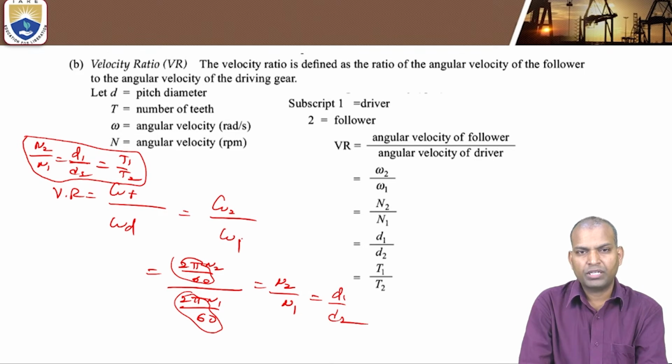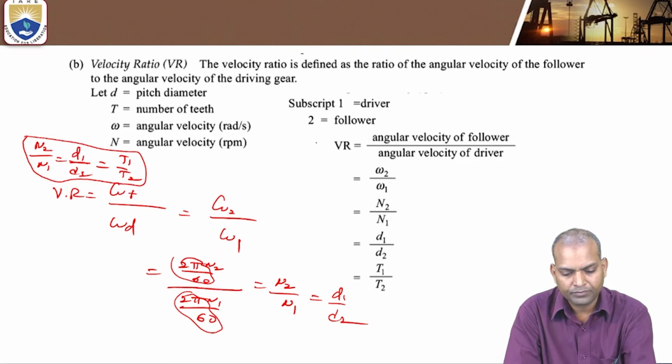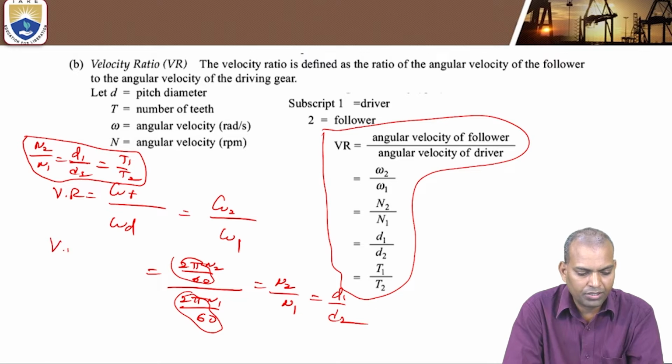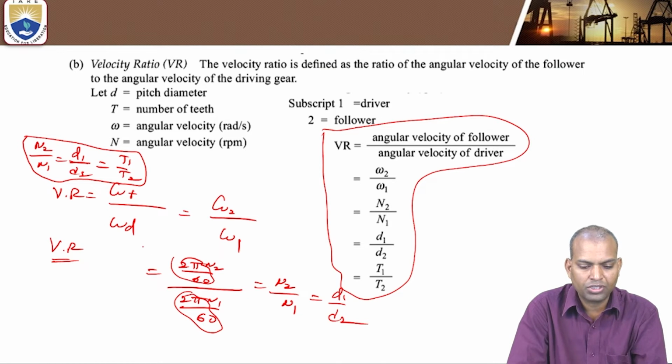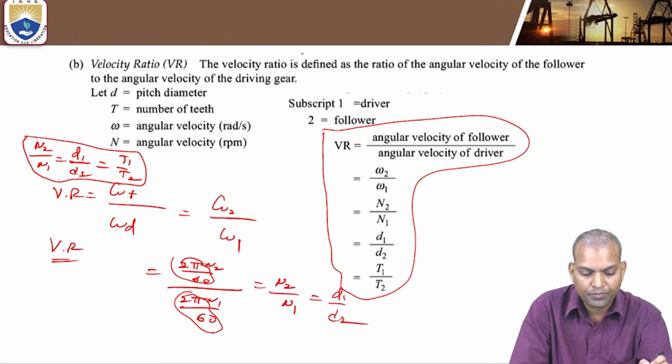Here subscript 2 refers to the follower, and subscript 1 refers to the driver, that is follower by driver. This velocity ratio is denoted by VR, and capital T is the number of teeth. Here subscript 1 refers to the driver, T1 by T2.